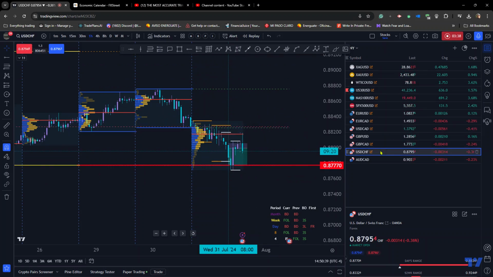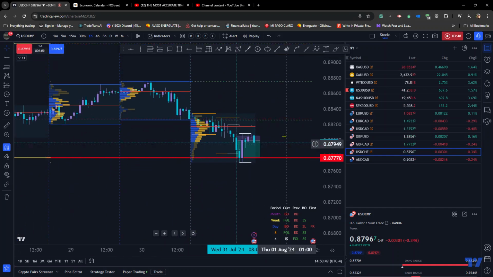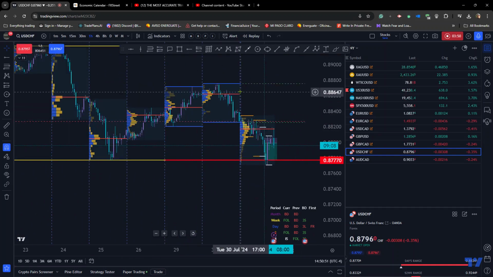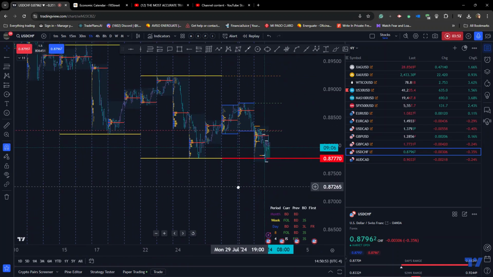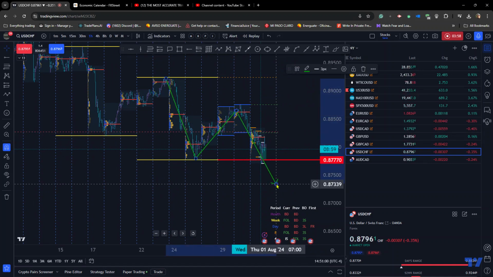The go-to one was dollar Swiss, accompanied by sterling CAD, dollar CAD, but we took the dollar Swiss. And dollar Swiss was a breakout continuation trade in line with the bigger picture impulse correction continuation.